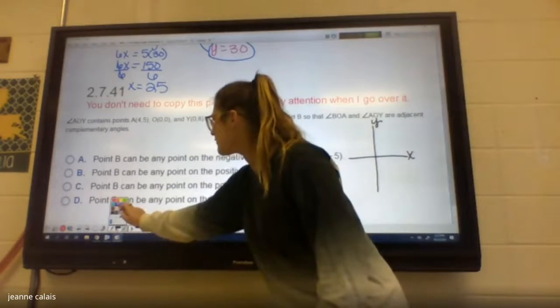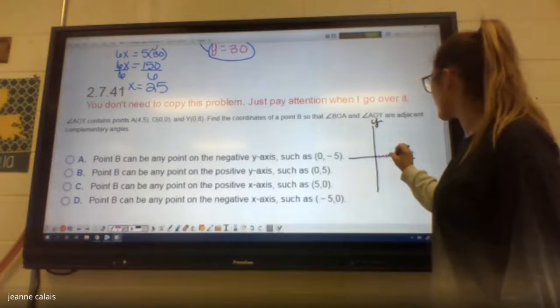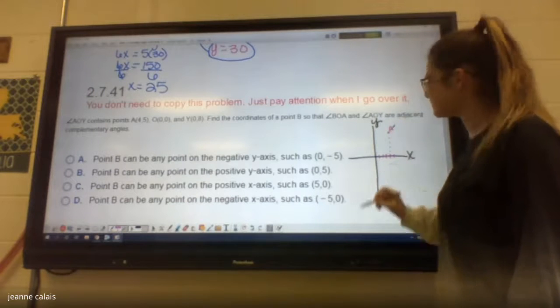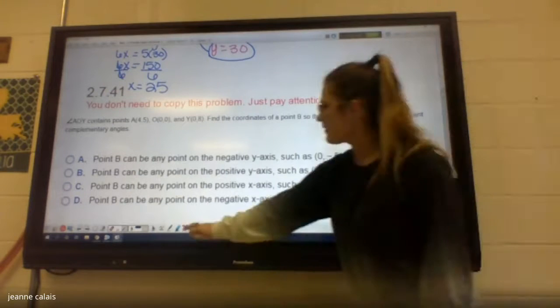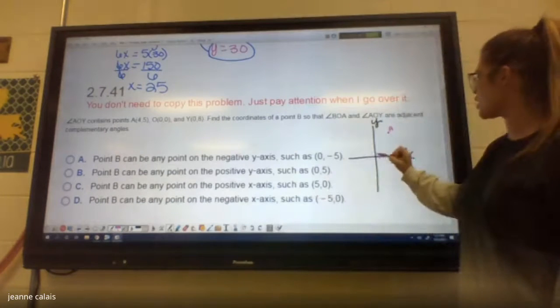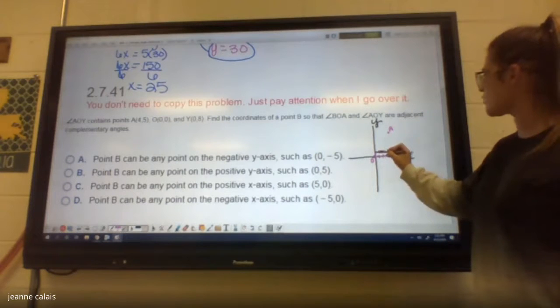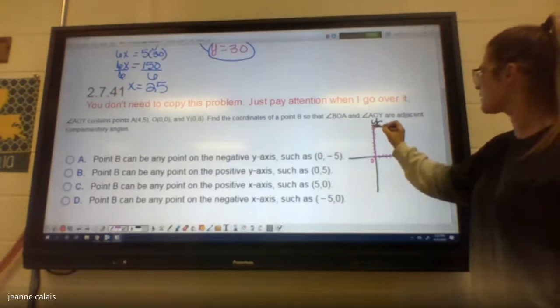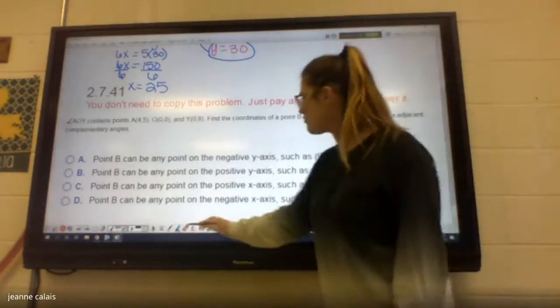Then I have angle A at 1, 2, 3, 4, 1, 2, 3, 4, 5. So here's point A. I'm going to erase my other little dots. Okay. Then I have O at the origin. And Y is at 0, 1, 2, 3, 4, 5, 6, 7, 8. And that is point Y. All right, so here's my angle.